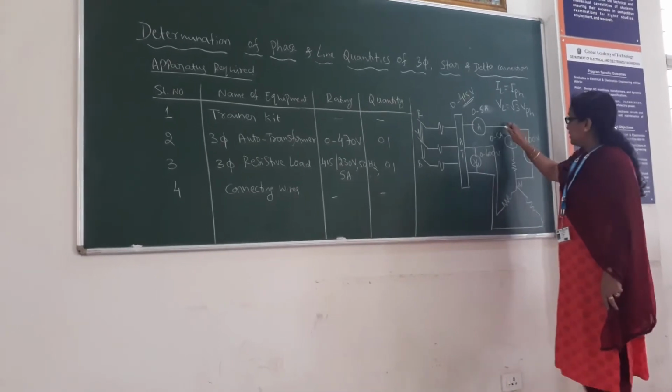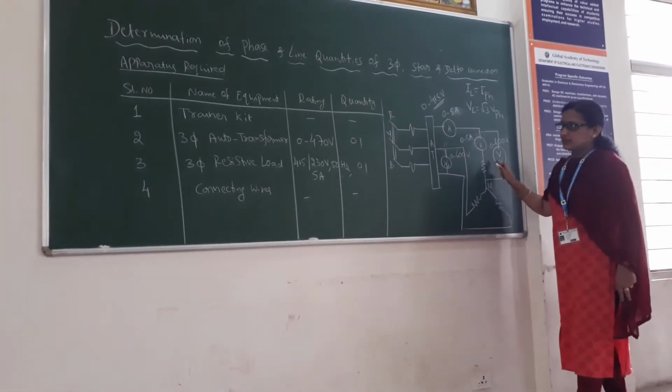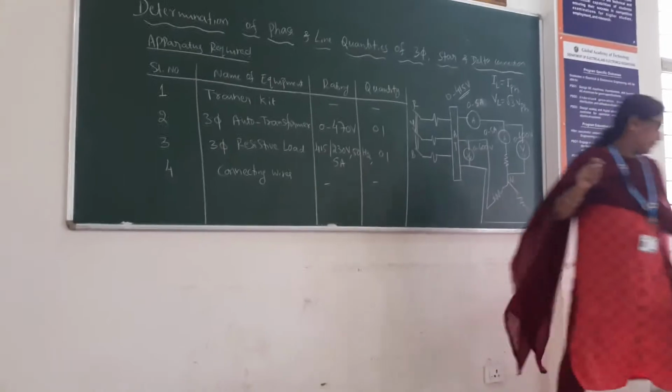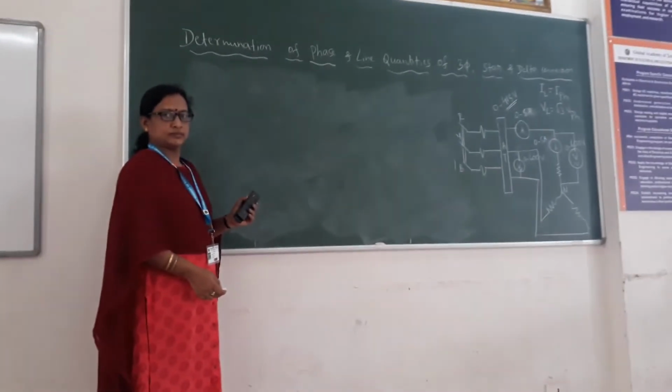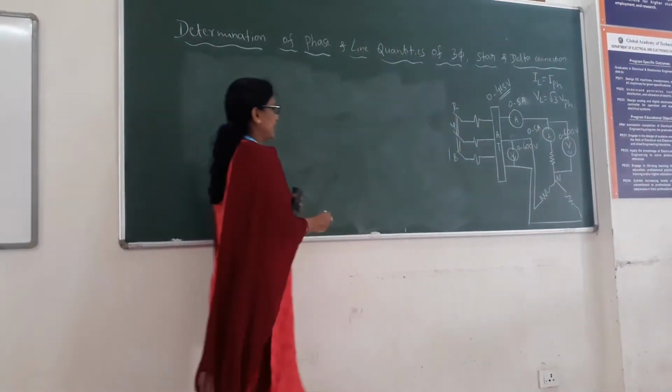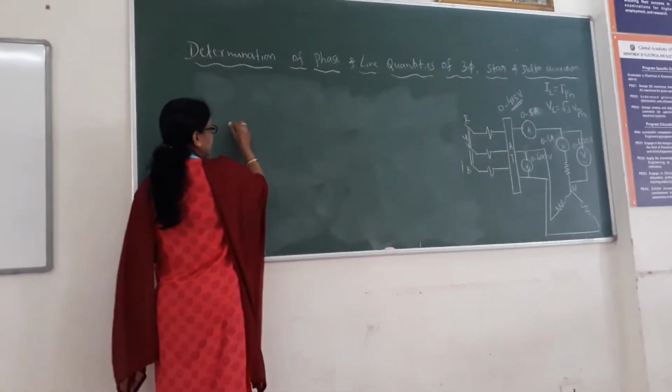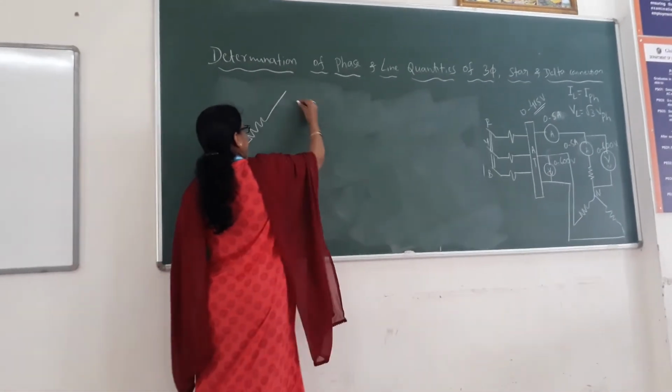Okay. So when you are going to do the connection of this three-phase load in delta, you have the three windings.